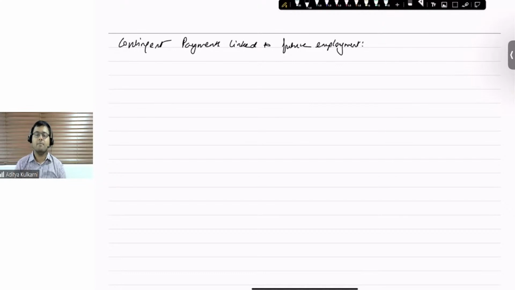Is the extra 50 being paid in his capacity as a shareholder or as an employee? What do you guys think?